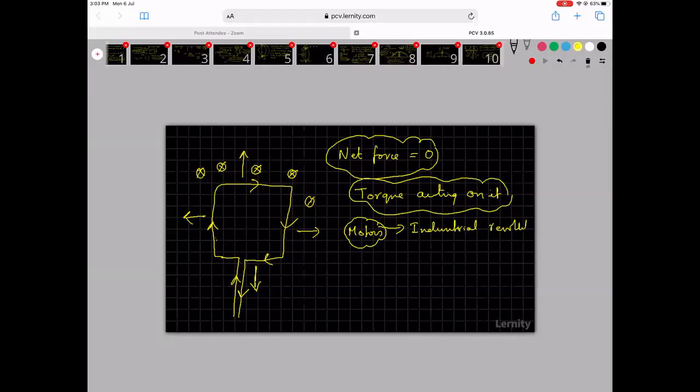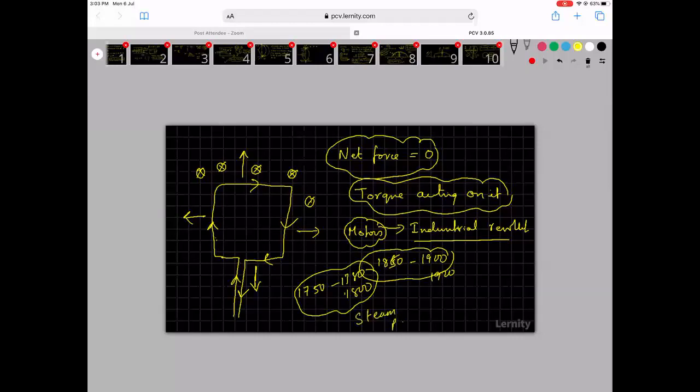This is what made the period after 1850, all the way up to 1900, 1920, 1930. The first part of the industrial revolution, from 1700 all the way up to 1800, was led by steam. Steam power ruled the world. And now the electric motor started taking over. Steam was going down and the electric motor started coming up.